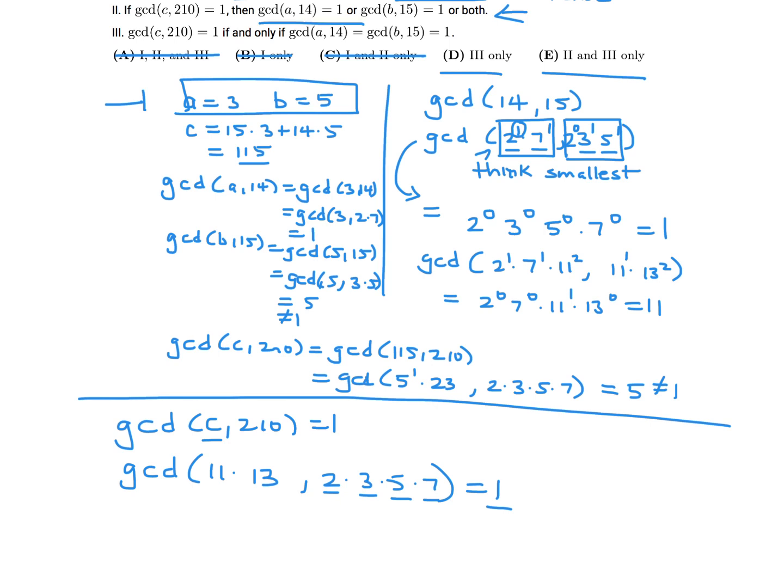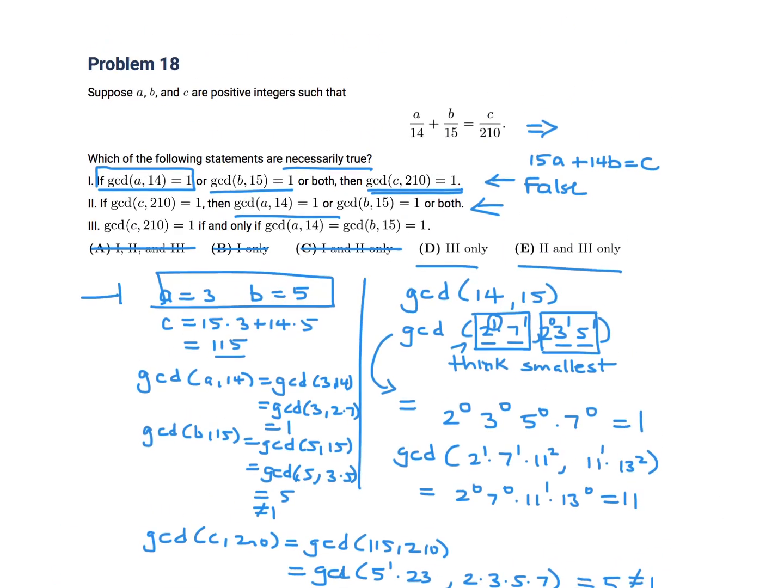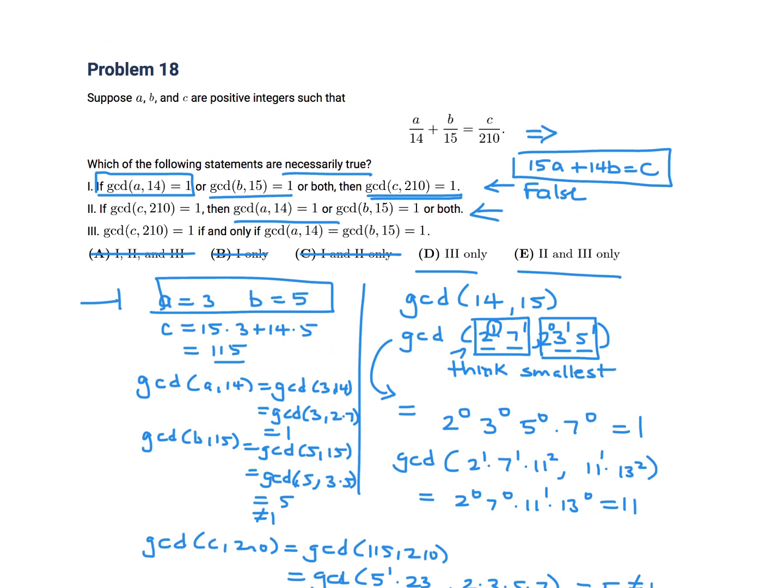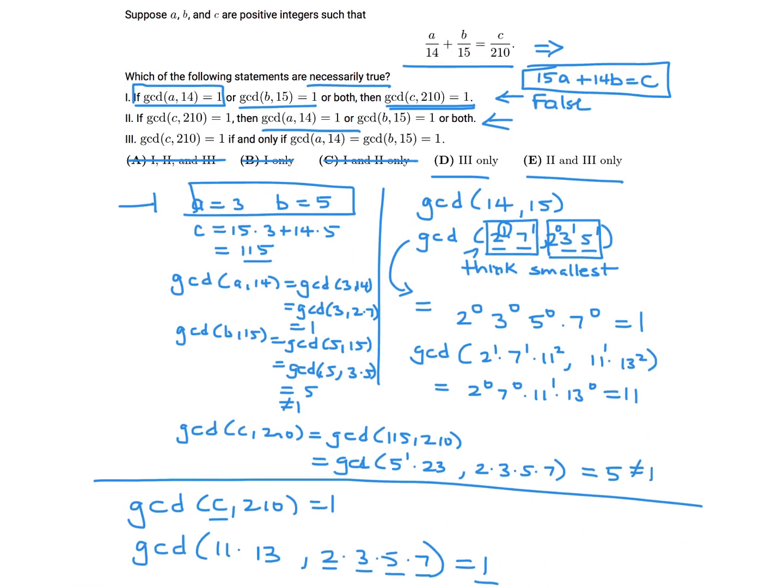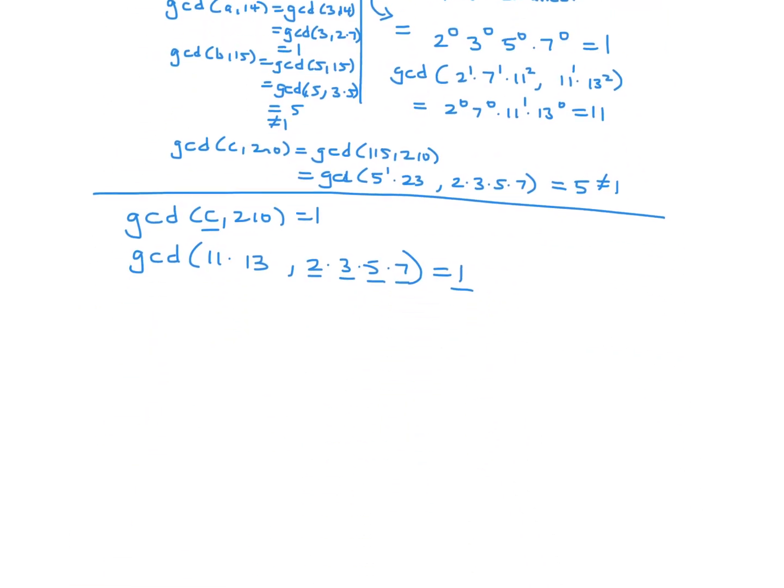But now we've got to concentrate on this. So, where is that equation? Way up here. Yeah, that's still valid, right? 15a plus 14b is C. That's still valid.